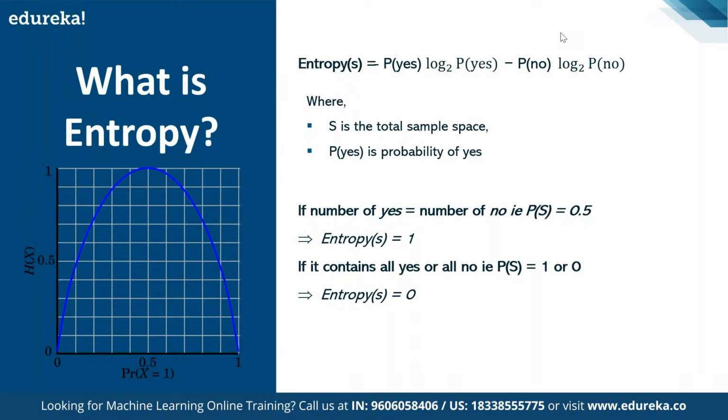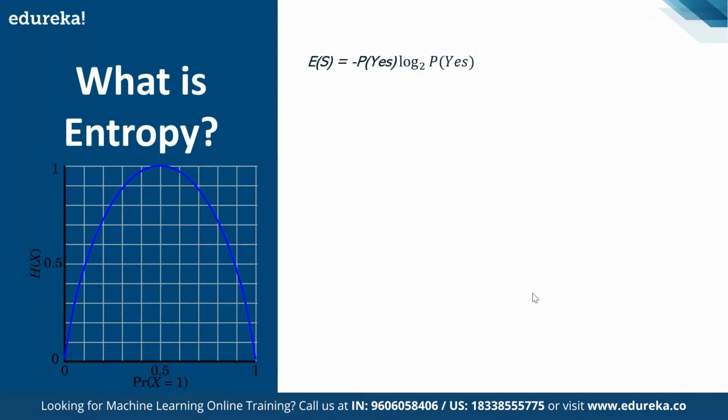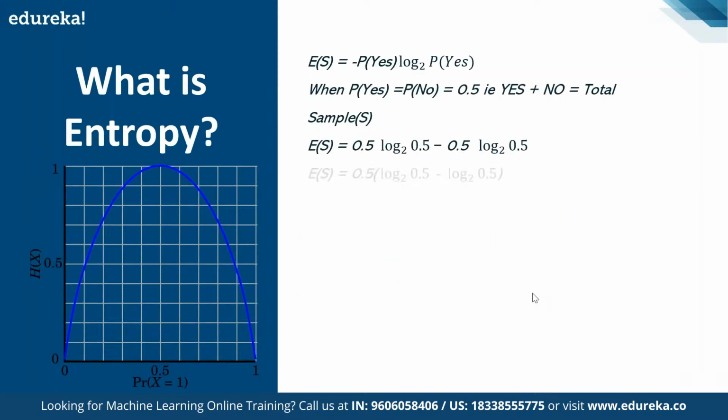Let's take up an example: the probability that I will win the match goes here, and the probability that I will not play the match or win the match goes here, and then you calculate the entropy.